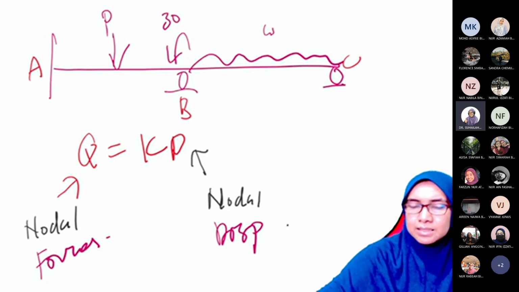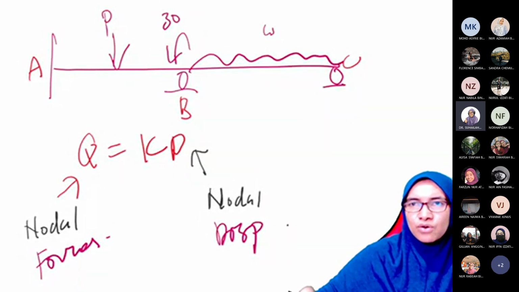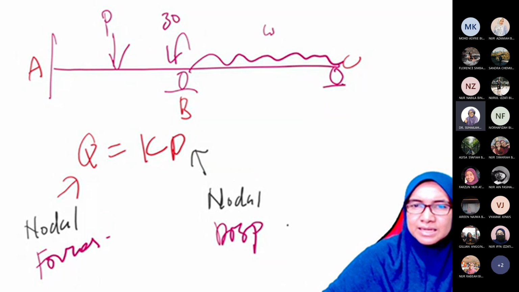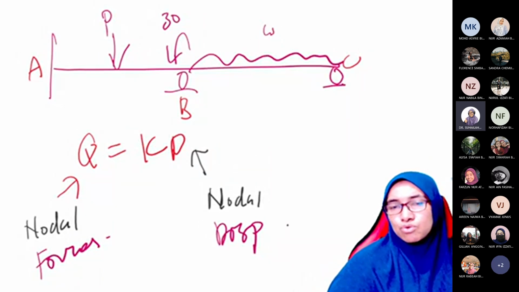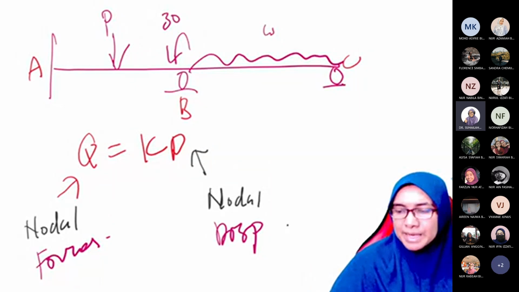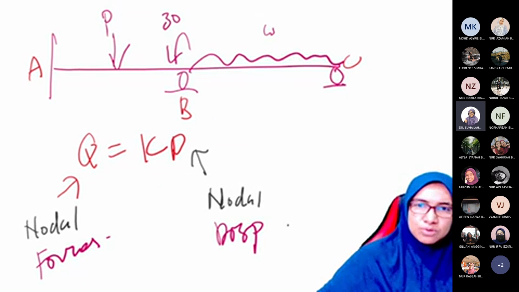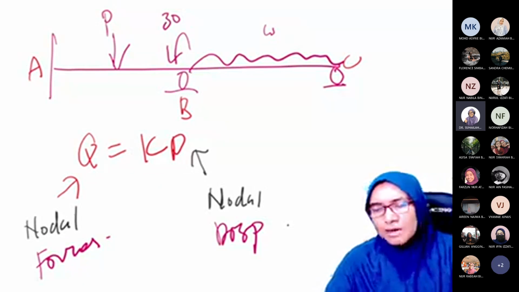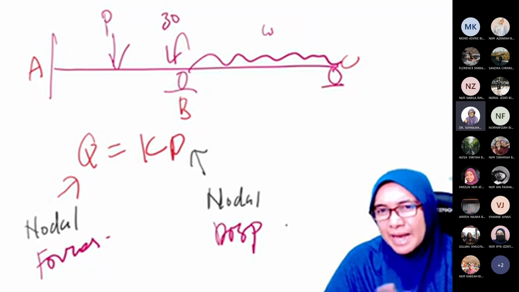What we discussed before is nodal forces, forces subjected directly at a node. So where do we consider P, which is on the member, and W, which is also on the member?